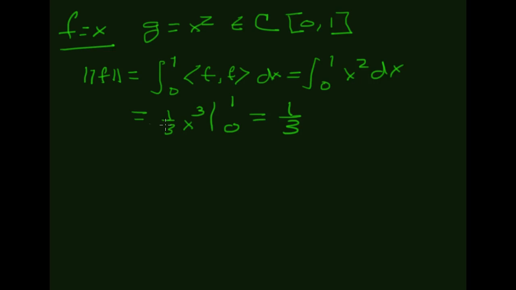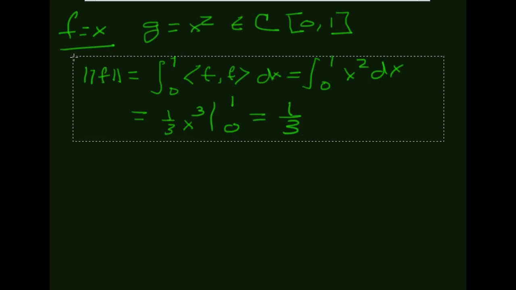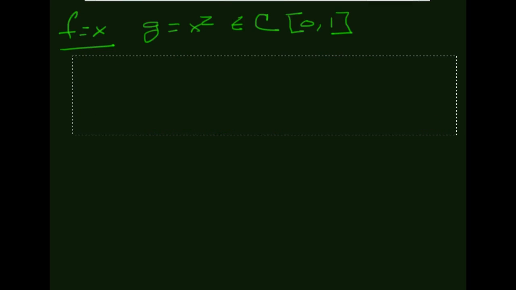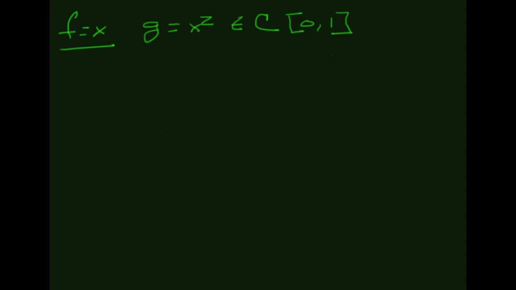All right, so let's try to figure out what would be the distance from f to g. Let's get a little bit of space here because this might take us a little bit of work. Let's delete that. Okay. So here's how we play this game. I'm going to actually find the distance squared. And so here's the distance from f to g squared. It's going to make my computations a little easier.